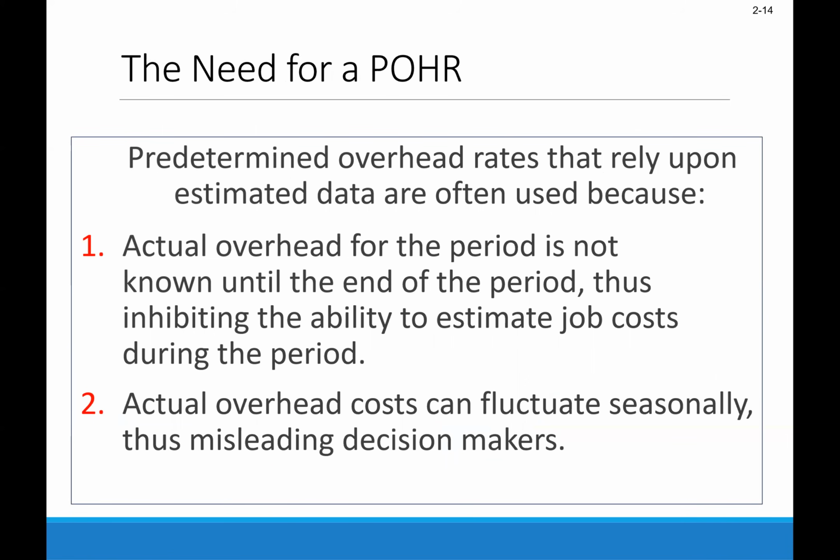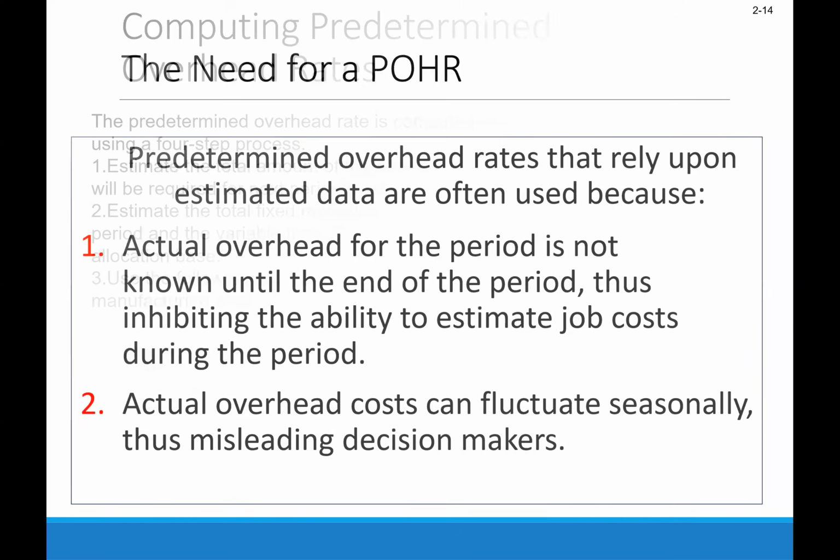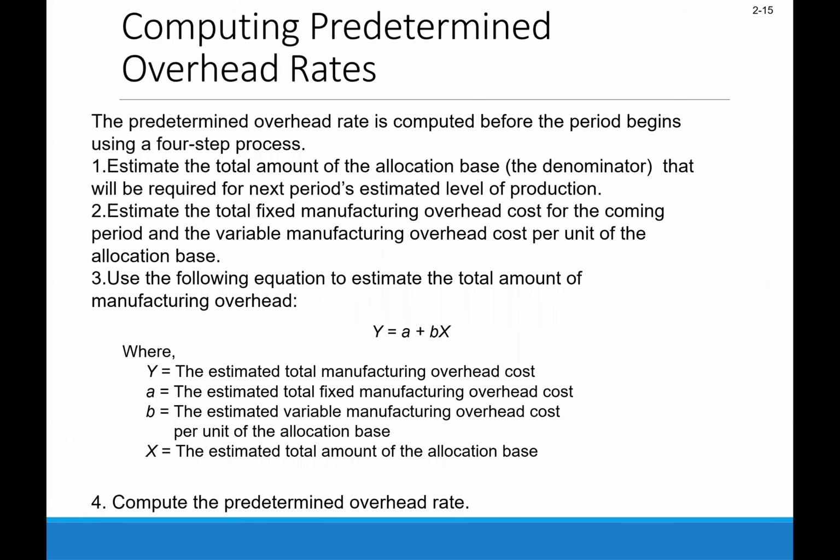Actual overhead for the period, we're not going to know it until way after the period is over and the products have been sold. Actual overhead can fluctuate, so we're trying to get it as accurate as possible. So here we see the way we determine it.